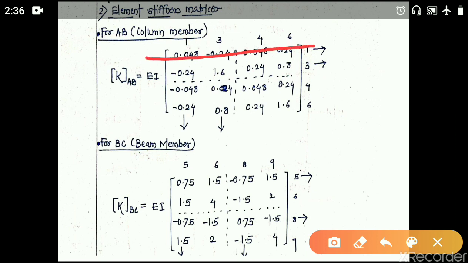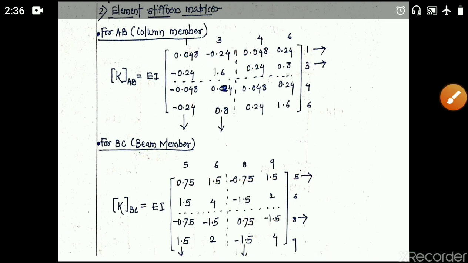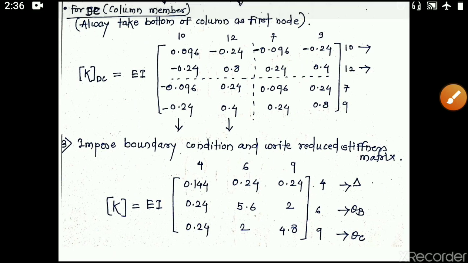Number 1, delete this row and column, number 3 is 0, delete this. Similarly number 5 is 0, number 8 is 0, and here in this matrix 10 and 12 are 0.